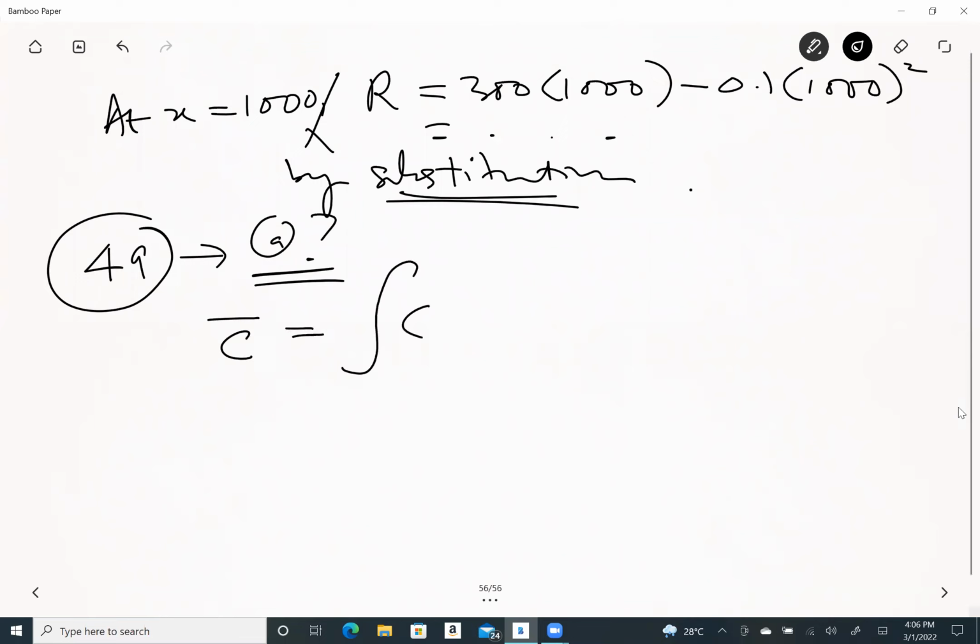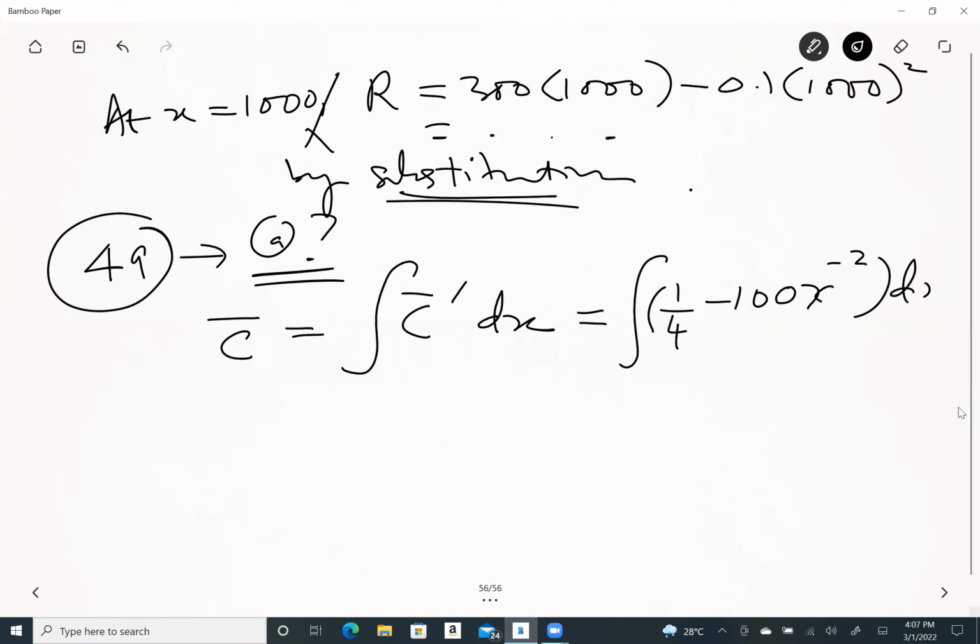The integral of C bar prime dx. So that is the derivative. What you're given there is the derivative of the average cost. So that is equal to, put in the numbers, 1/4. Now you bring up the x squared, so that will be 100 x to the power of -2.